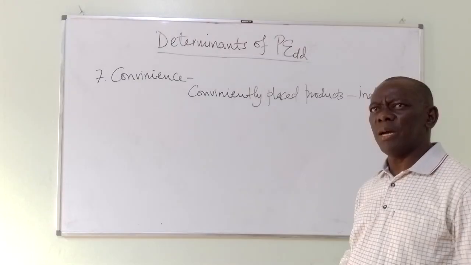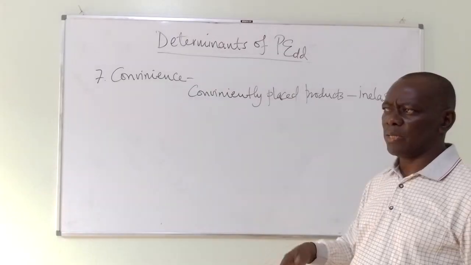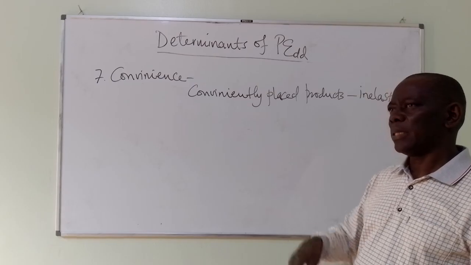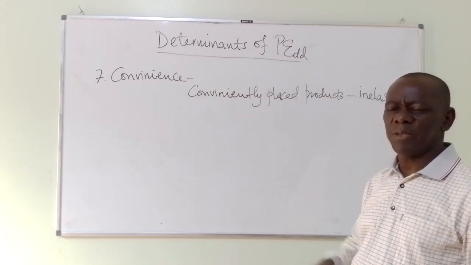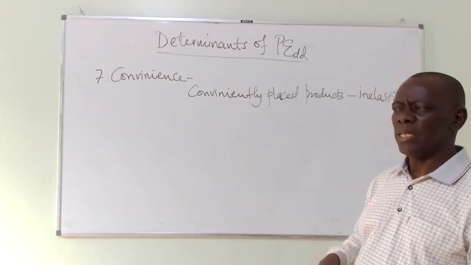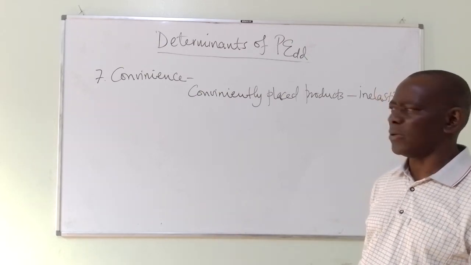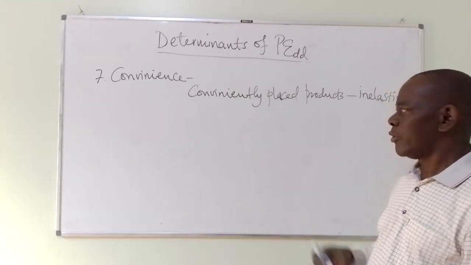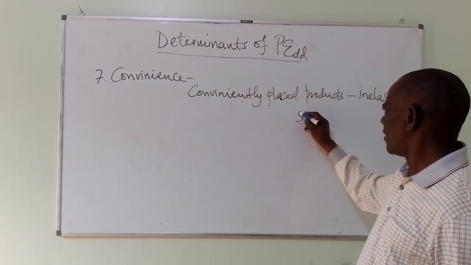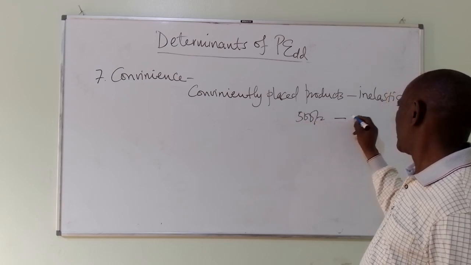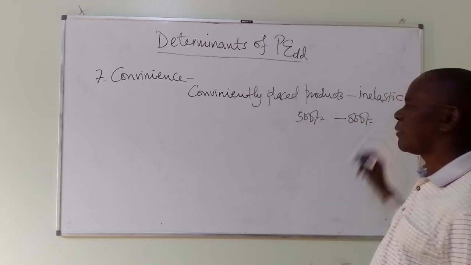When you think of a similar product sold at such a distance, with the walking, the transport, the inconveniences, and so on, you say, let me pay. So you change the price from 500 per piece to 800, and still people will buy.